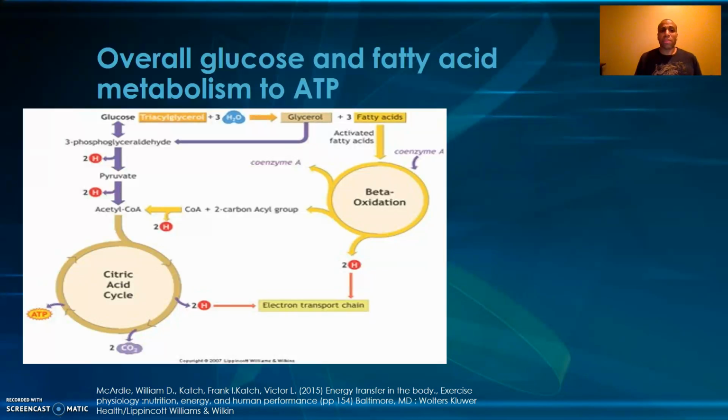I wanted to show that relationship. Down here, we have our citric acid or Krebs cycle and the electron transport chain and oxidative phosphorylation. Both of those are used in the breakdown of either glucose or a fatty acid. So there are two processes that they share and two processes that are specific to them.